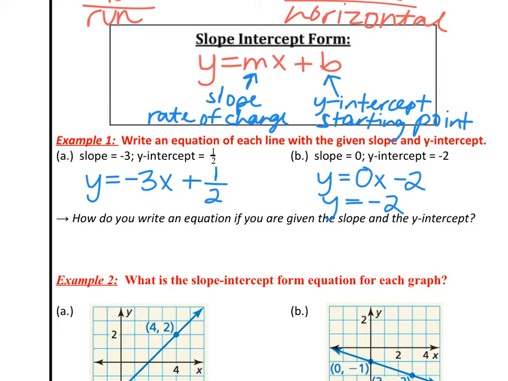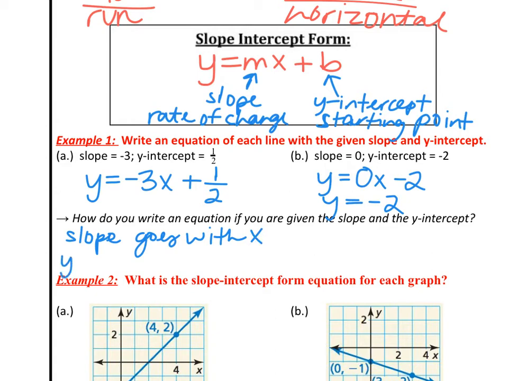You can put this in your own words. If you want to use what I write, that's great. But again, these are your notes, so if it makes sense to you a different way, then don't write down what I'm writing down. Answer it your own way. I'm going to say the slope goes with x.